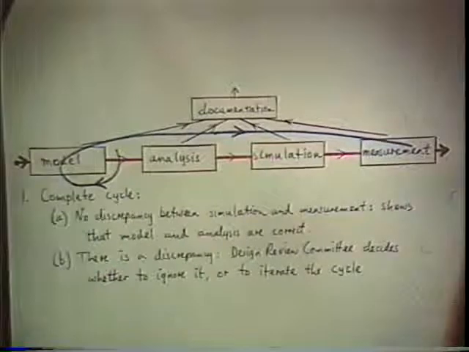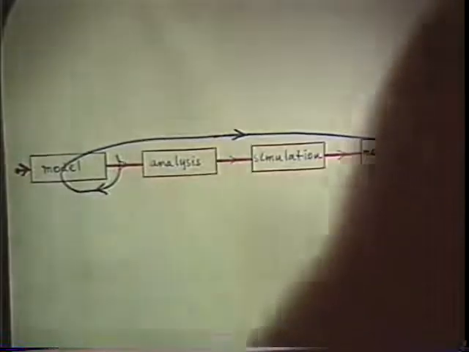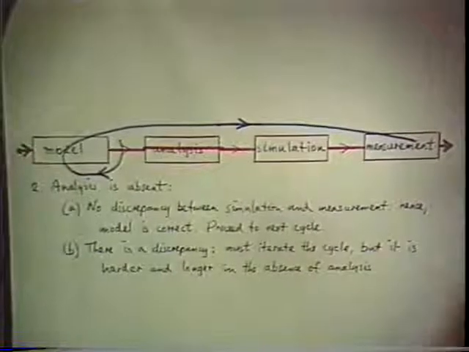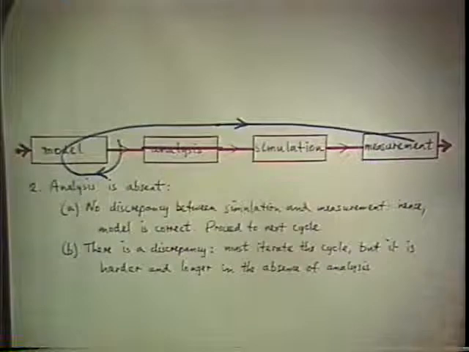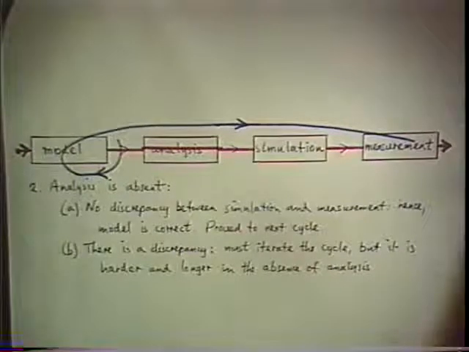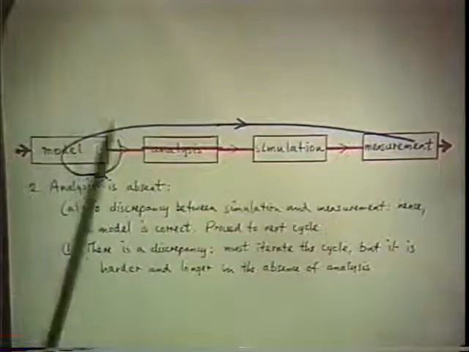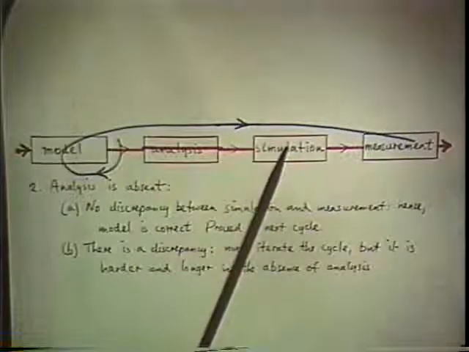Now that's a complete cycle with all the steps present, but all too often some of those steps are missing. And most usually the step that's missing is the analysis step, for the reasons I mentioned already. You tried to do that once in your first job, gave up, and never went back. So typically you start with the model and you immediately go to the simulation.